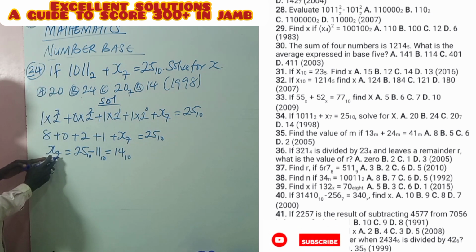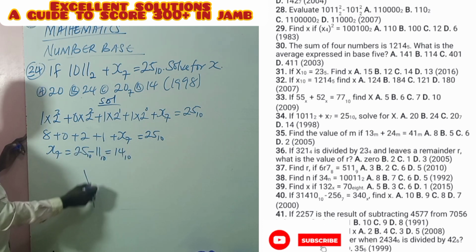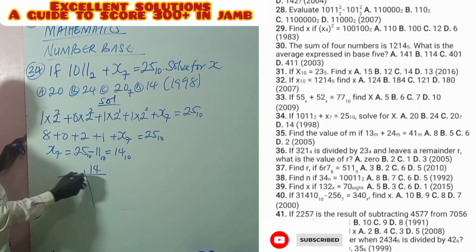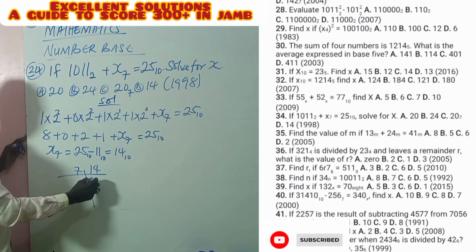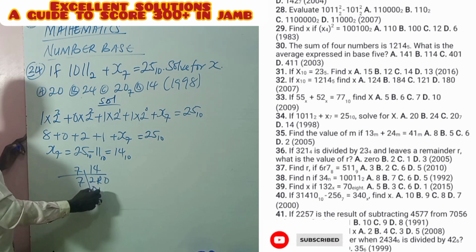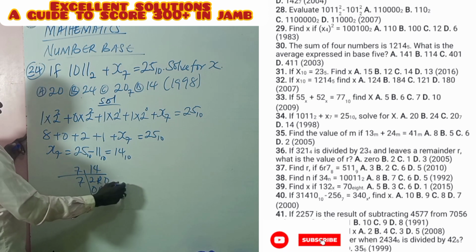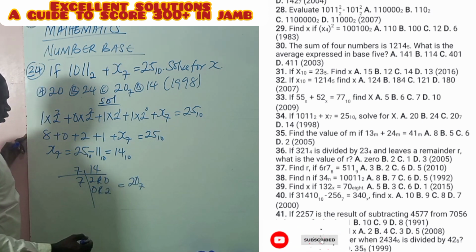So the next step is to convert 14 base 10 to base 7. So here we have 14 divided by 7. 14 divided by 7 we have 2 remainder 0. 2 divided by 7 we have 0 remainder 2. So this is the same as having 20 base 7.